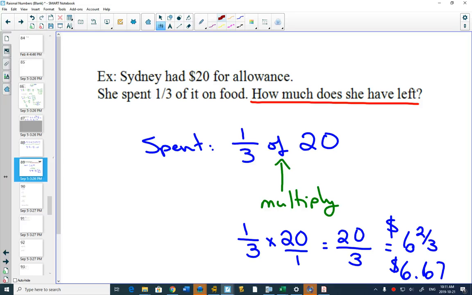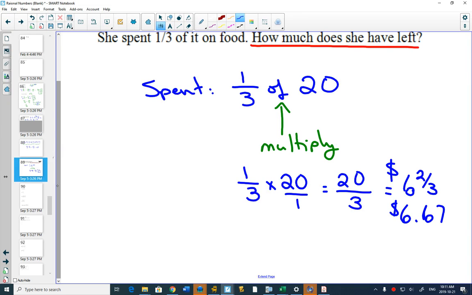But it said, how much did she have left? Well, to figure out how much she had left, we would have to take her original $20 and subtract how much she spent. She spent, as a fraction, 20 over 3.